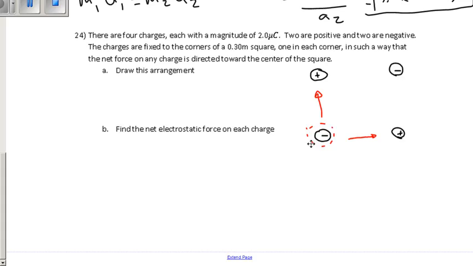And then it's also being pushed this way slightly, which means that overall our net force is going to be this direction. And you can see the symmetry would happen with the positive charge here and the negative charge here and the positive charge here. So that is not a big thing.